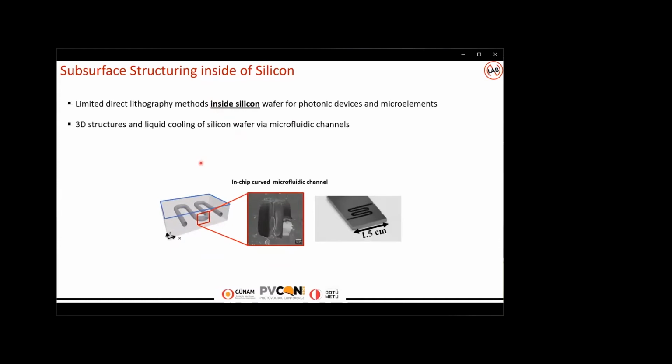Subsurface structuring enables us to create 3D architectures, including microchannels, which was not possible before. In this process, similar to surface laser processing, a further etching process is important and essential to reveal the subsurface structure for these applications.